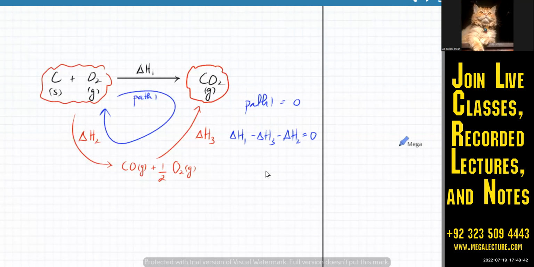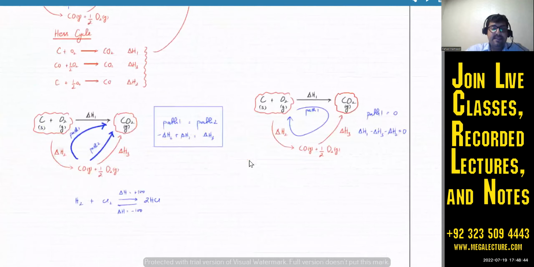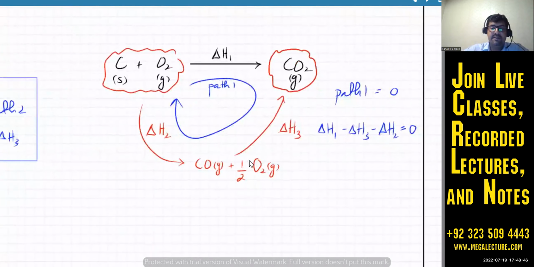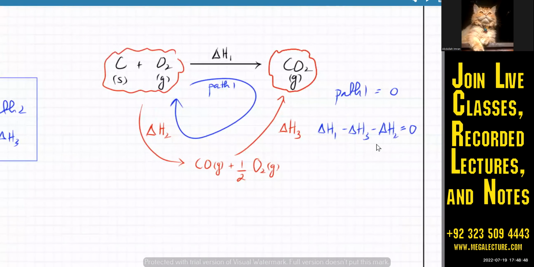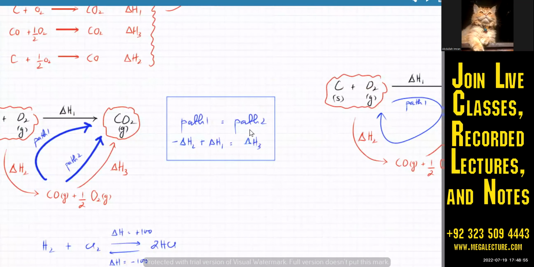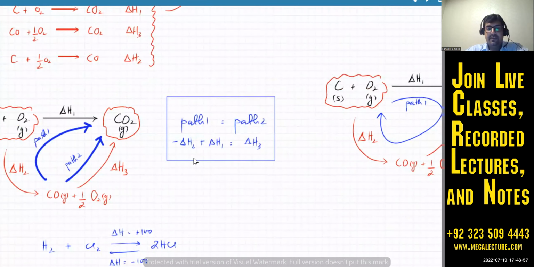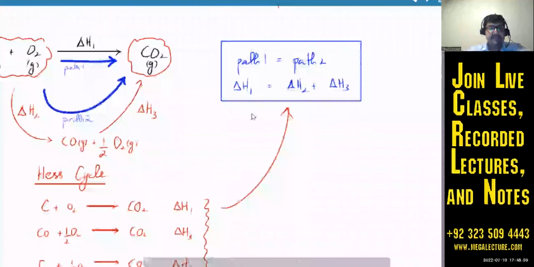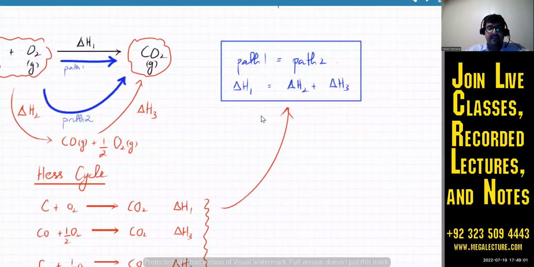But remember, it's the same Hess cycle. So all of these expressions are exactly the same. Delta H1 minus delta H3 minus delta H2 is equal to 0. There's no difference whatsoever. It's just rearranged. They're all just rearranged.